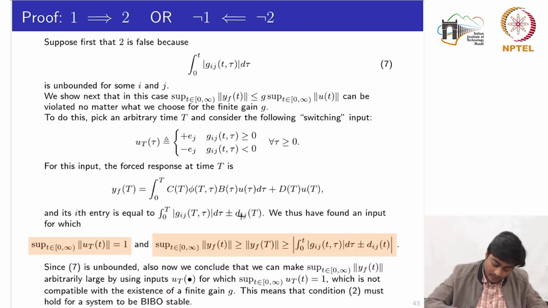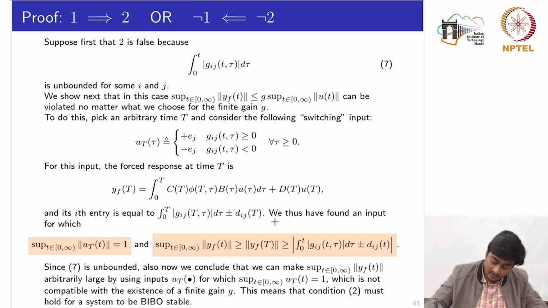So now what we have found is that although the input is bounded, because of the characteristic we defined earlier, if I take the supremum of the norm of the signal y, it is always greater than or equal to the norm of the signal at time T, which is given by this part, and is greater than or equal to the absolute value of its ith entry, which is given by this part.